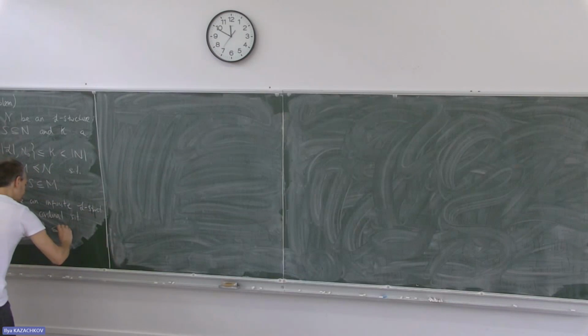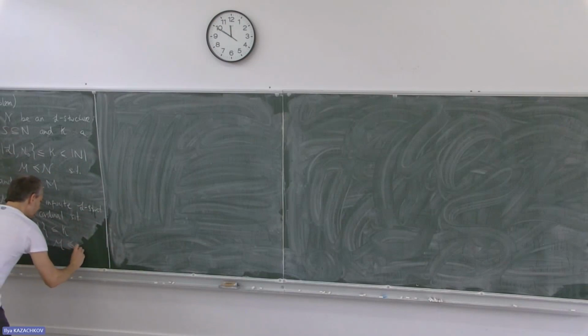My cardinal is bigger than these two things. Then there is an elementary extension, that is, there is N such that M is an elementary substructure of N, and N has cardinality kappa.